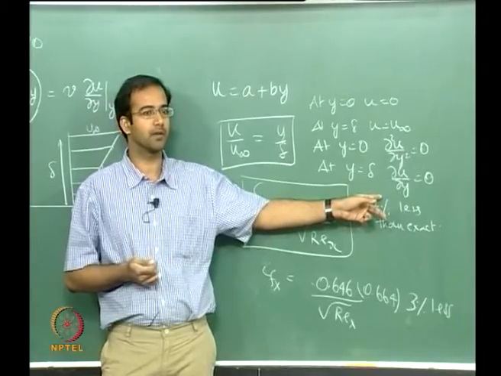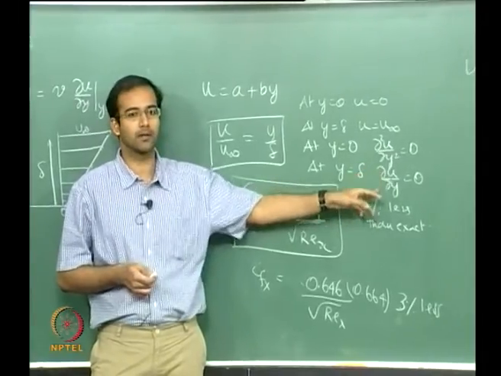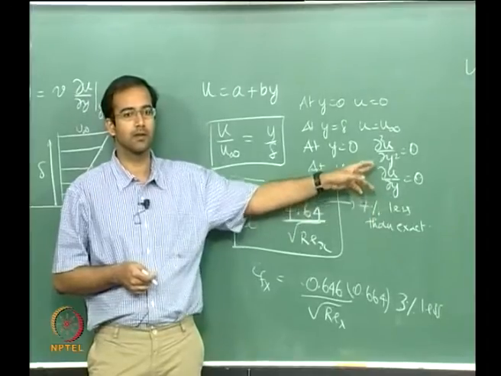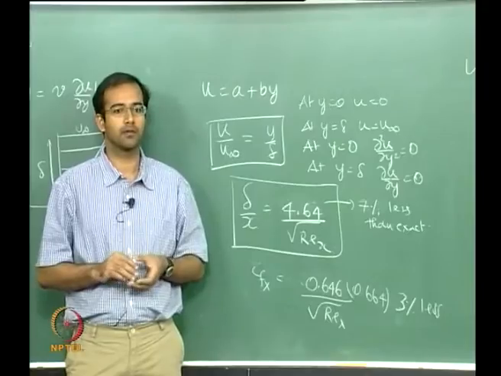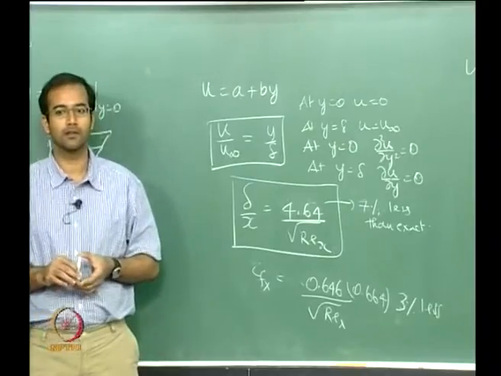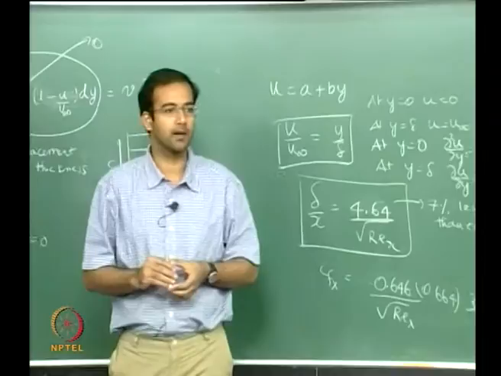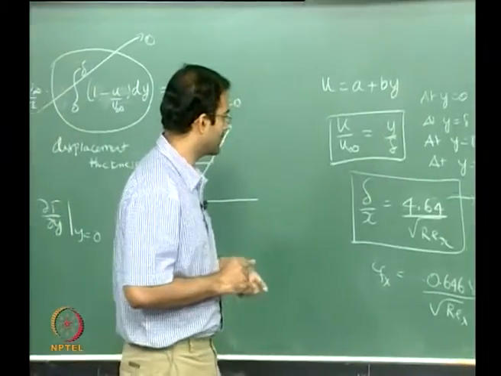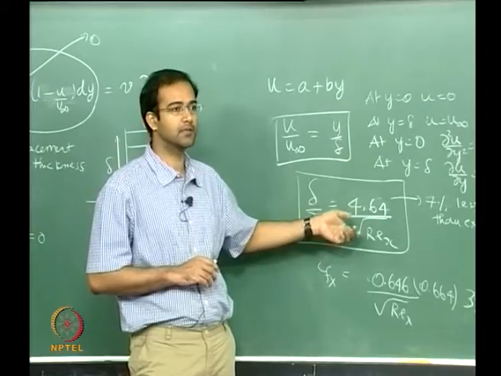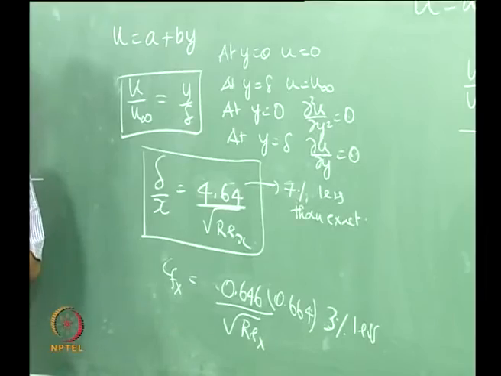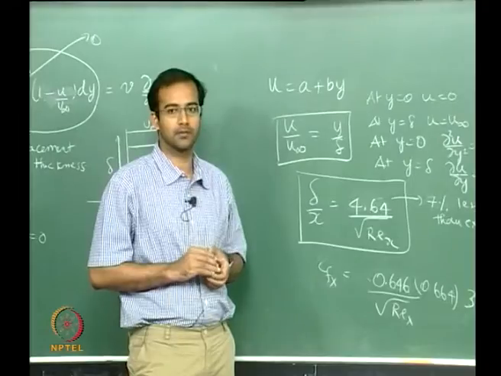For example, if you introduce an additional constant, you have to say d square u by dy square equal to 0, and further then d cube u by dy cube at y equal to 0 is 0, and so on. Okay, so they are relatively less important, and therefore you will not get a significant improvement beyond this. In fact, using quadratic polynomial will even deteriorate the solution.